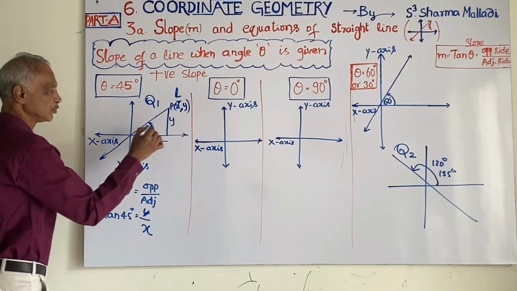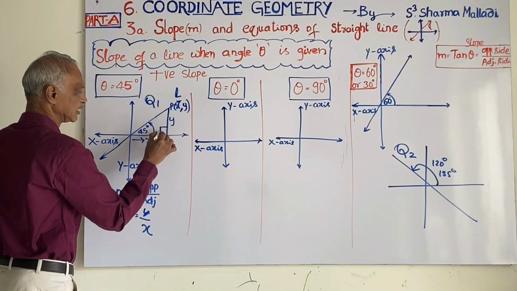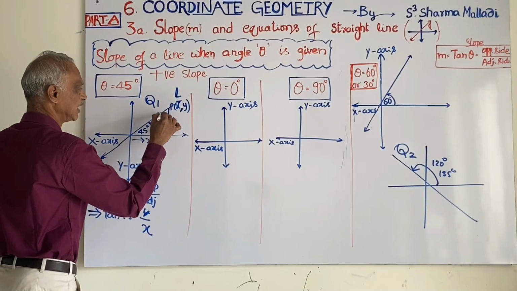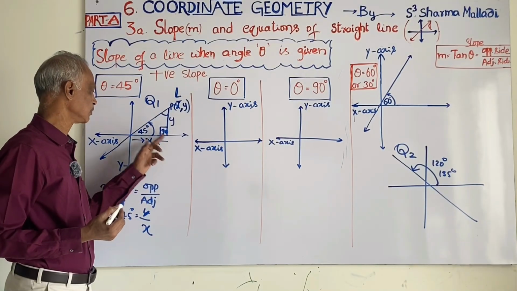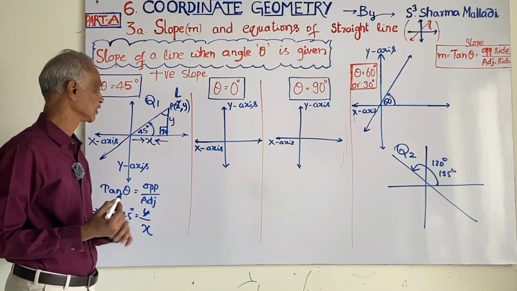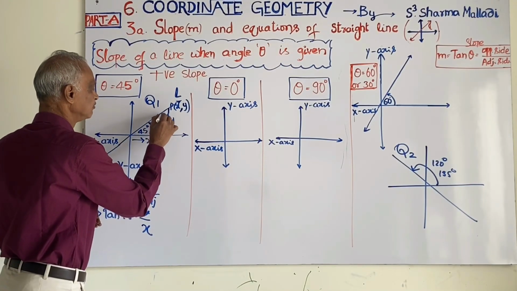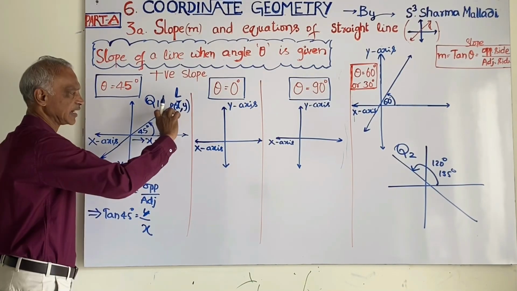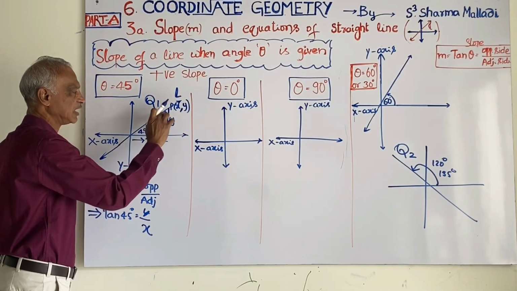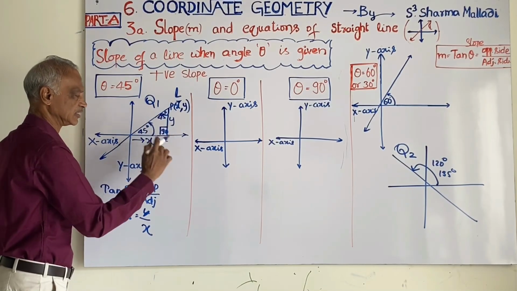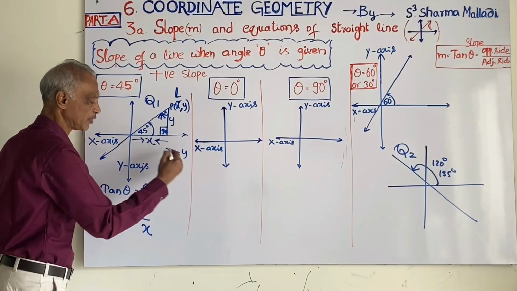Why? This is a right angle triangle, 90 degrees, and this is 90 plus 45, 135, and 180 minus 135, you will get 45 degrees here. Sides opposite to equal angles are equal to each other. Here x is equal to y.